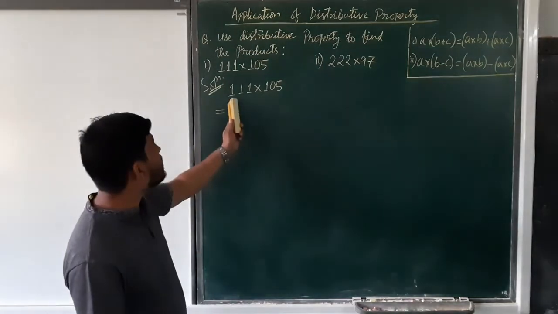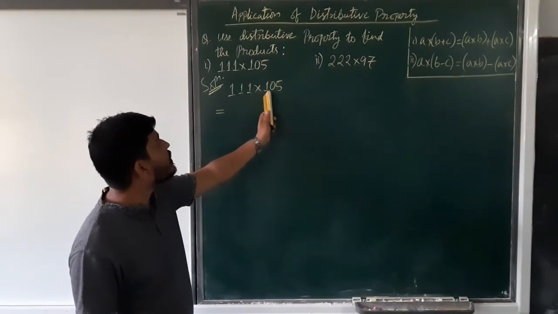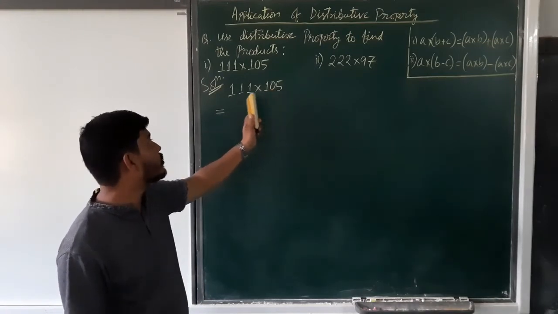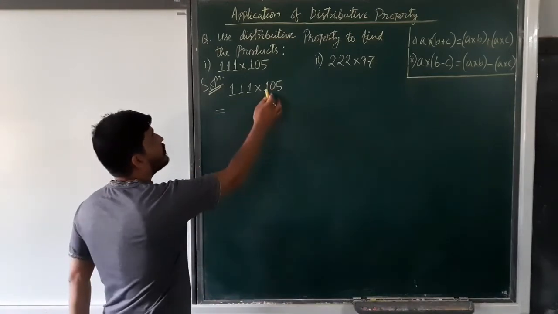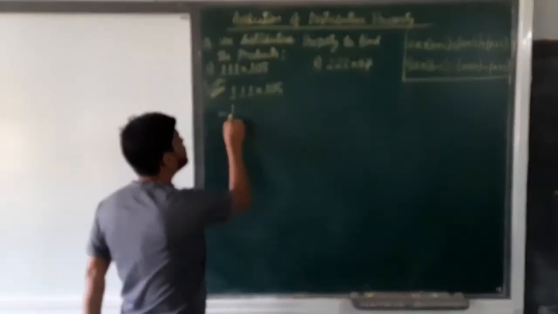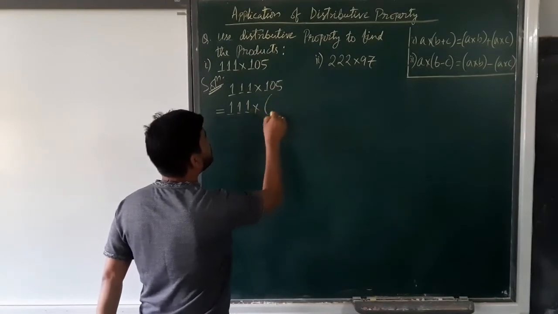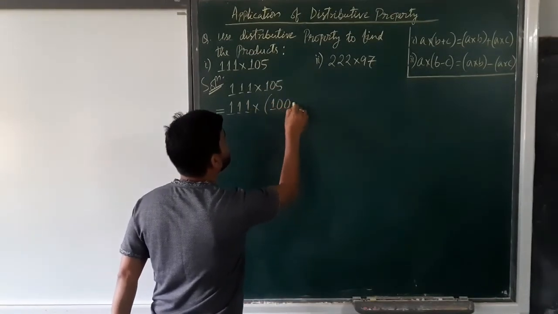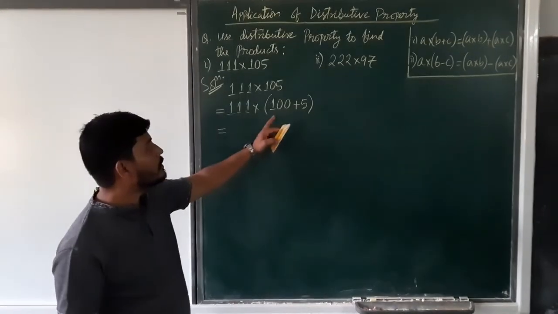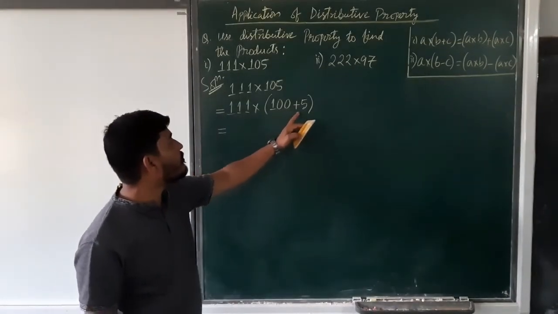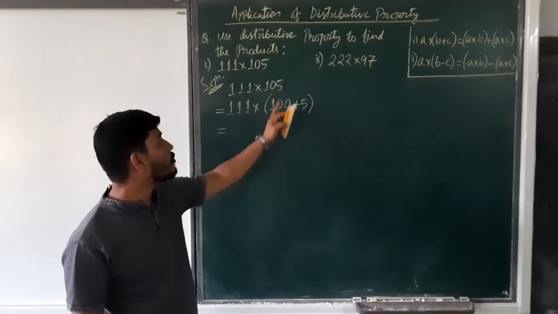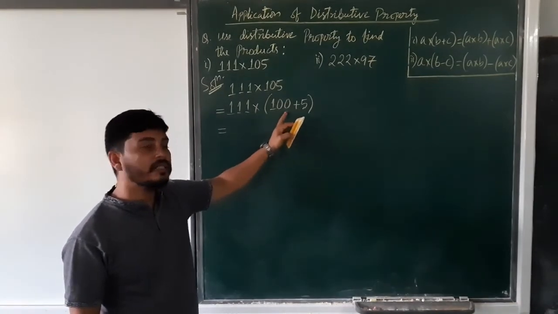Here in this case, 105 is very near to 100 as compared to the other. So 105 can be written as 100 plus 5, which is equal to 105. So both are equal.